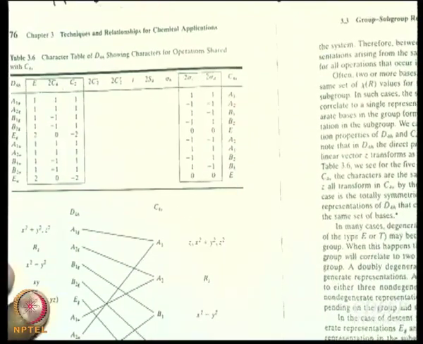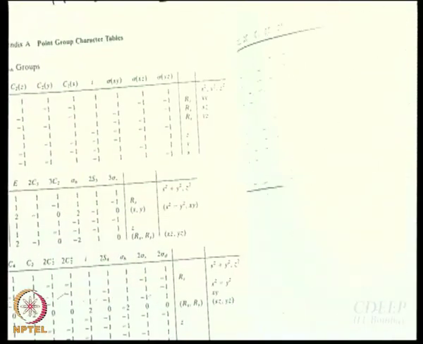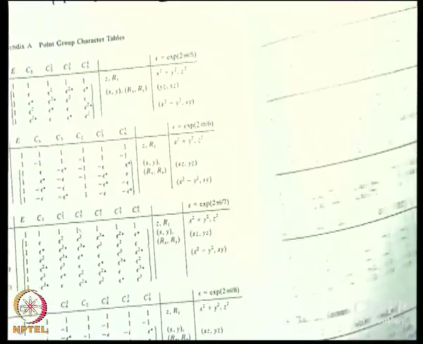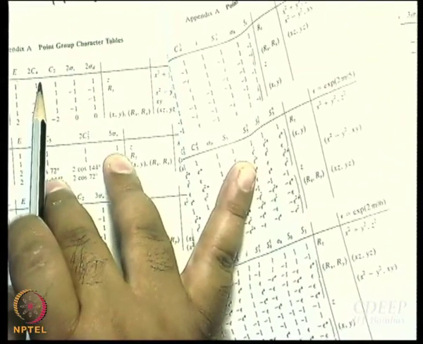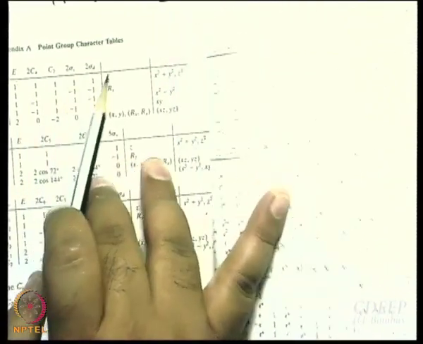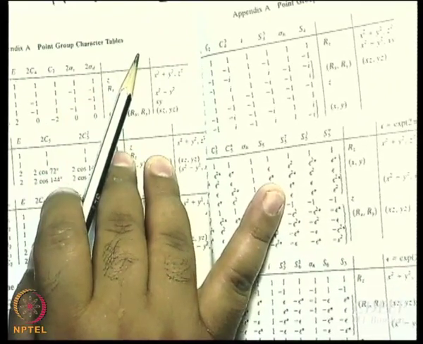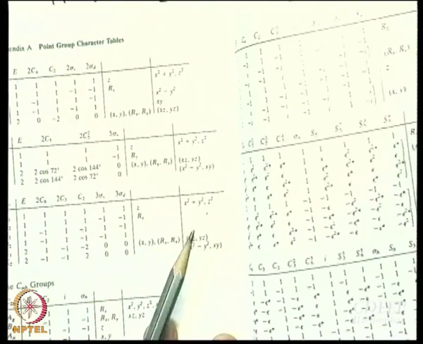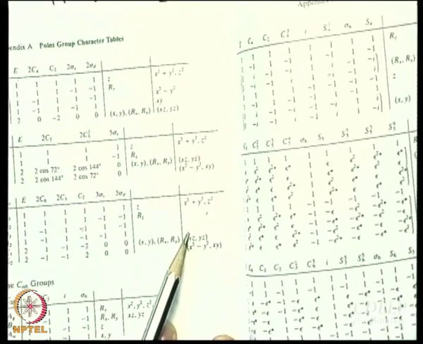So I will just show you the character table then. C4V, E, 2C4, C2, oh they have retained 2 sigma V, 2 sigma D, fine. So this 2 sigma D is also retained, it is more of a memory of the original group, it does not become sigma V, fine, my mistake.